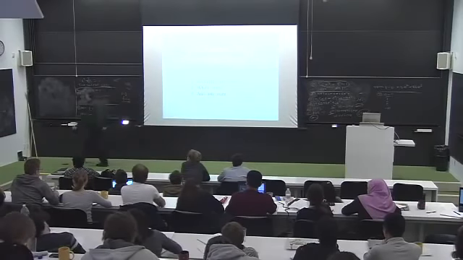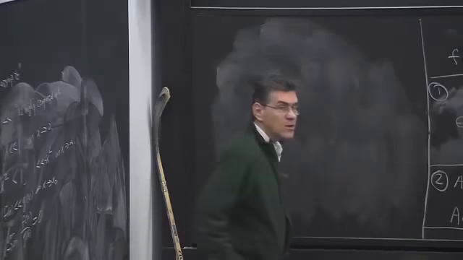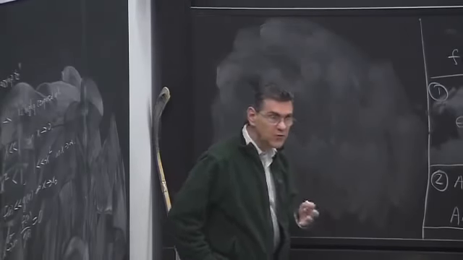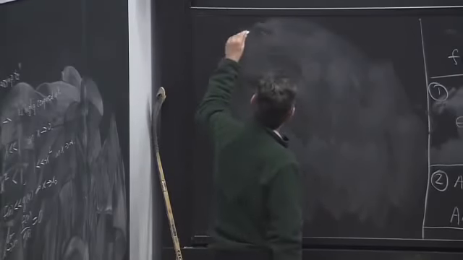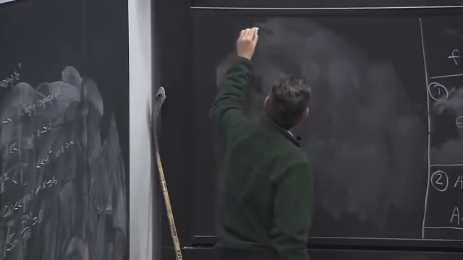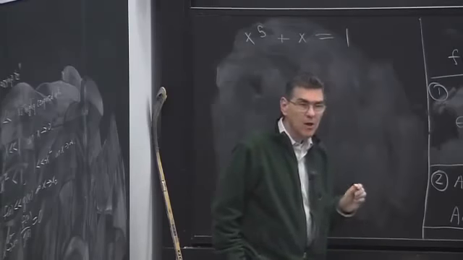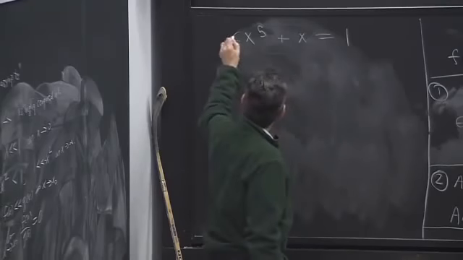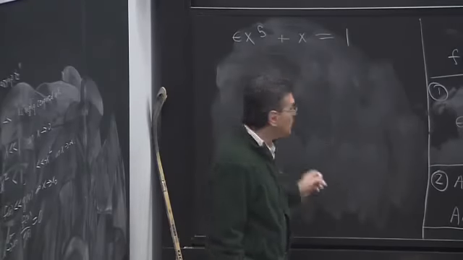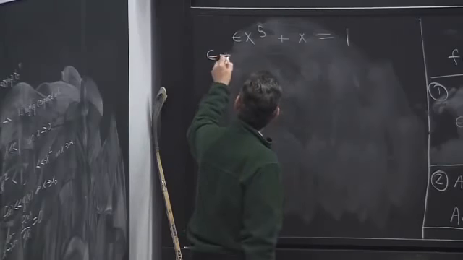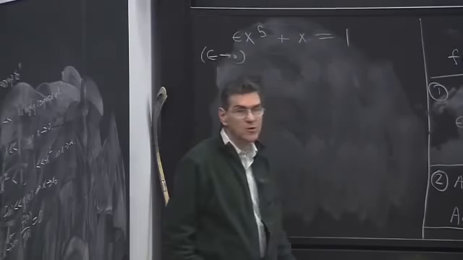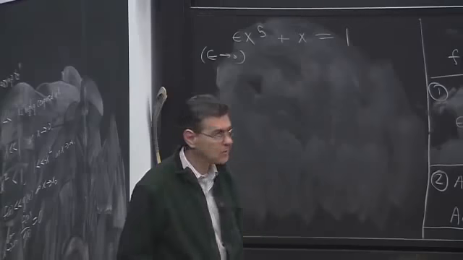All right, so let's try to understand the problem x to the 5 plus x equals 1 when you put an epsilon in front of here, and when we examine this problem in the limit as epsilon goes to 0. What happens?